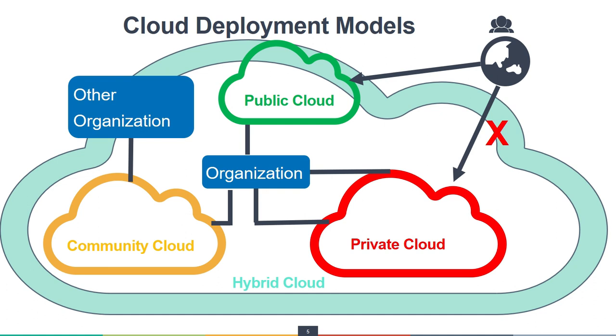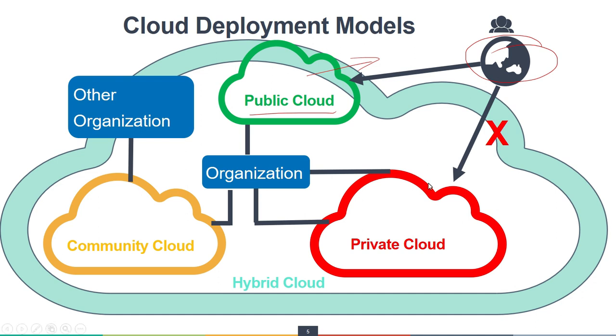In the public cloud, we have a multi-tenant environment. That means multiple customers worldwide can access this public cloud. The whole world can access this public cloud, and different consumers may be hosting their applications within the same infrastructure.